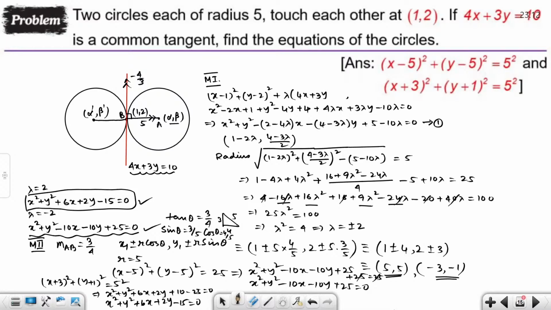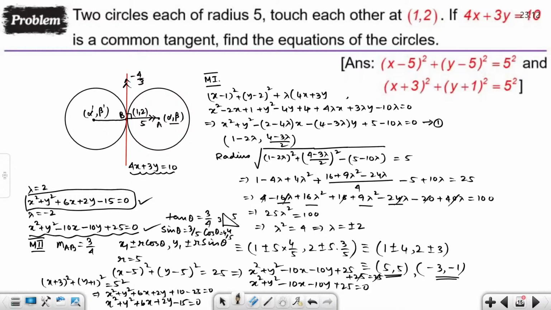By using the parametric form here, we got the center directly. Getting my point? That is why I told you while doing straight lines that you should be very, very comfortable with the parametric form of the straight lines. It is highly required and it will make the problem much easier and you can complete it in a very less amount of time. Okay?